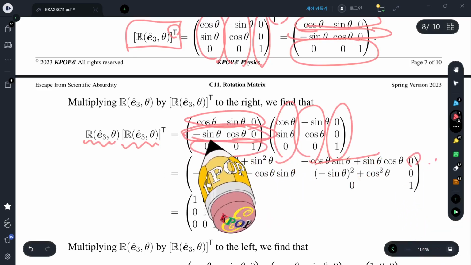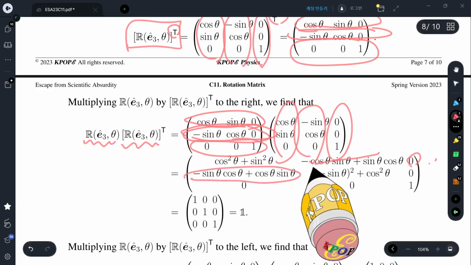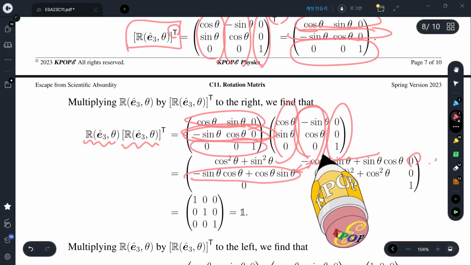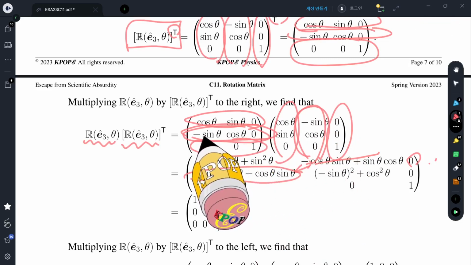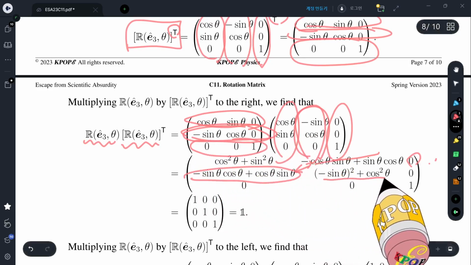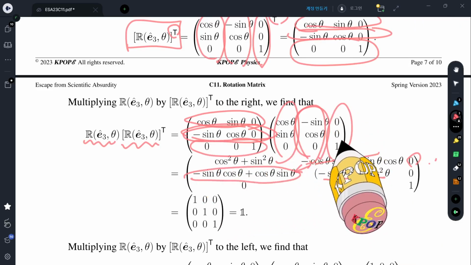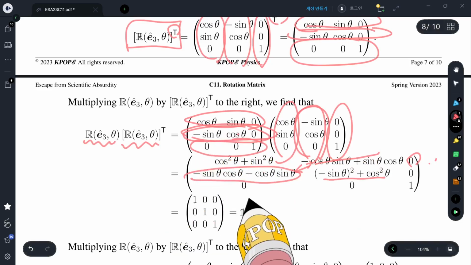Next, minus sine, cosine, in a similar manner, just like this, it vanishes. Next one, minus sine squared, so it is sine squared and cosine squared, and the third one is a 0. Okay, that's fine. And then the next one also vanishes, 0, 0 kills the sine and cosine.